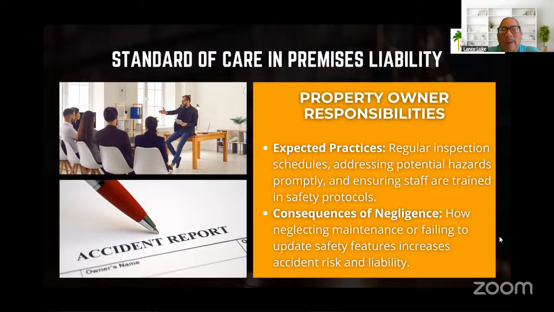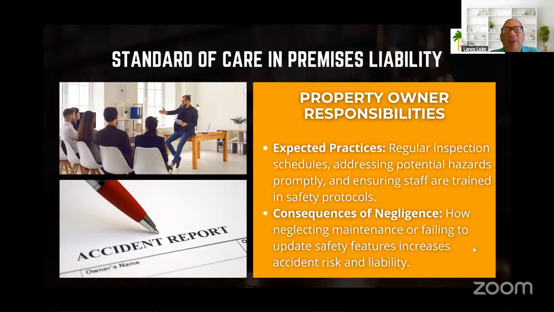The problem is people don't think it's their job to report it and it doesn't get reported, and then someone gets hurt. The consequences of negligence: how neglecting maintenance or failing to update safety features increases accident risk and liability. Yes, the more negligent people are, and it could be many different people in the same building, right? Not fixing something that caused a problem, caused somebody to get hurt.